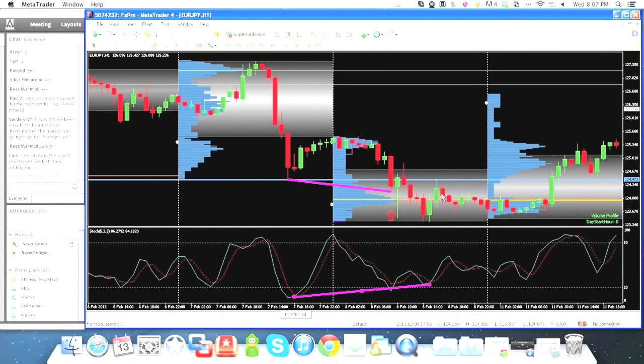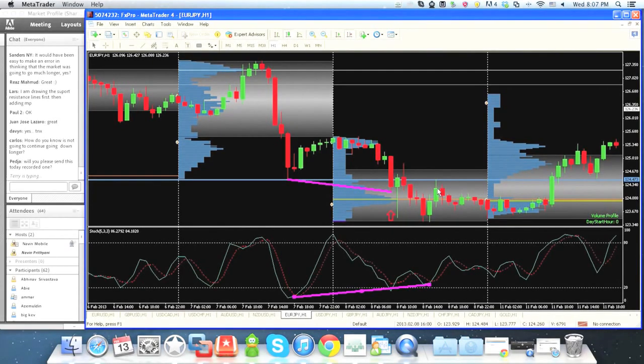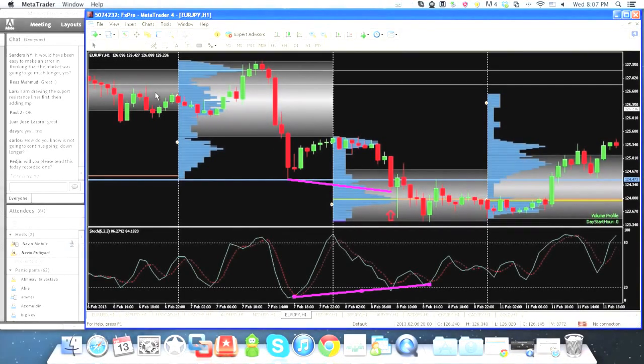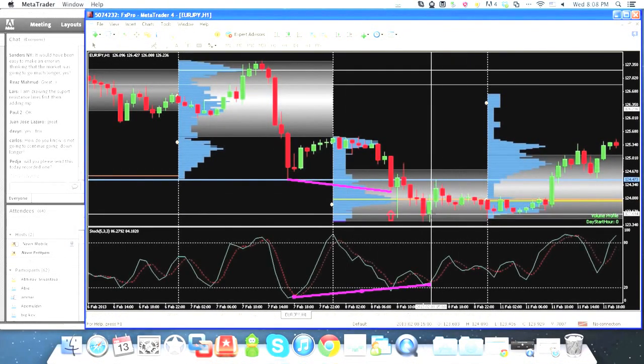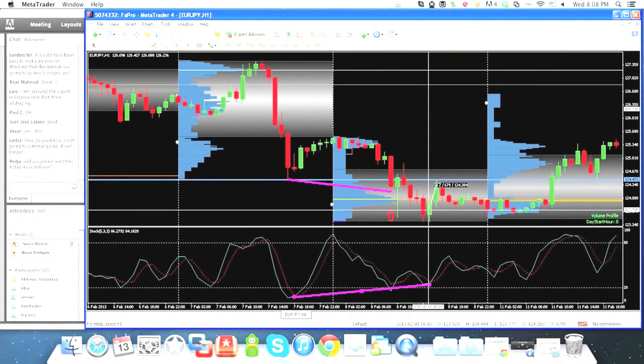It would have been easy to make an error in thinking that the market was going to go much longer, yes? Yes. Well, your first hint is when it actually tries to break through and it doesn't. That's your first hint to just stop. You have enough pips already made there. From here to here, this was 78 pips pushing through, and then it comes back down and crosses here.